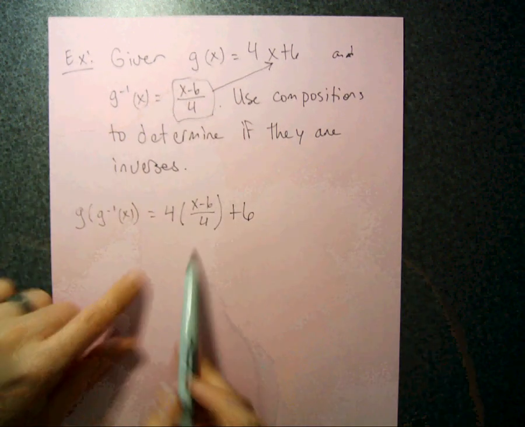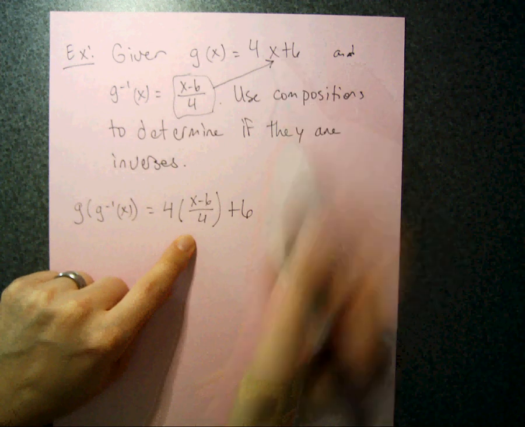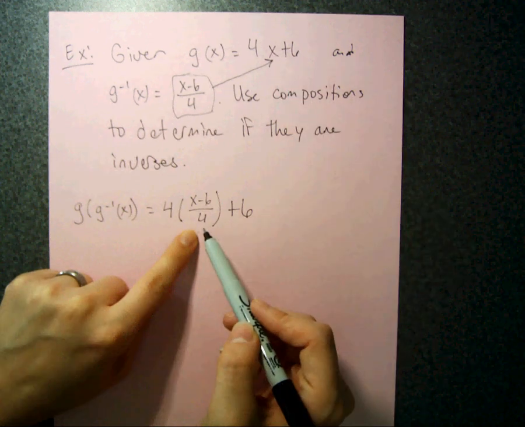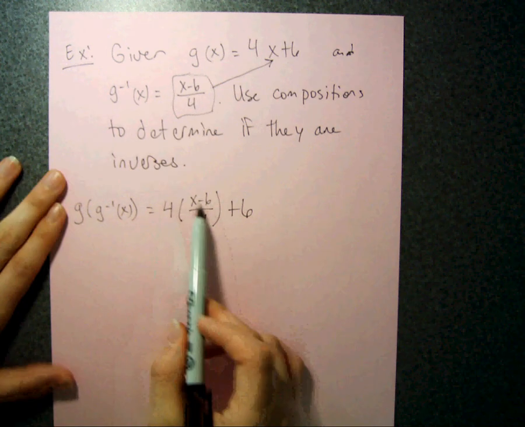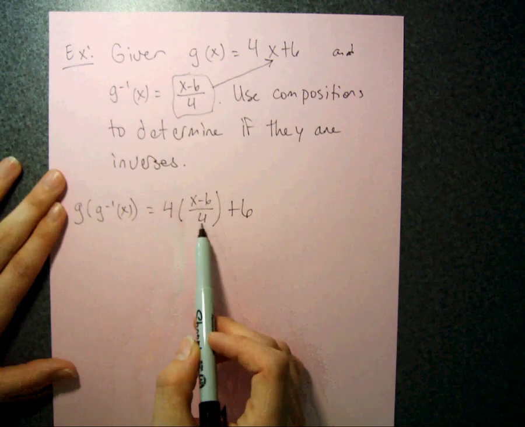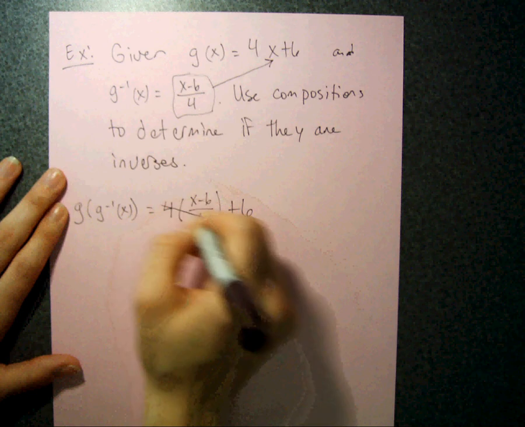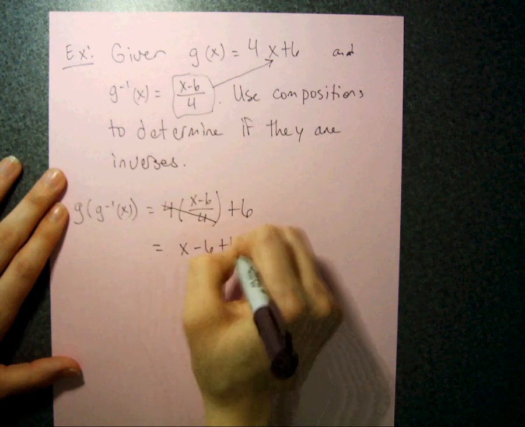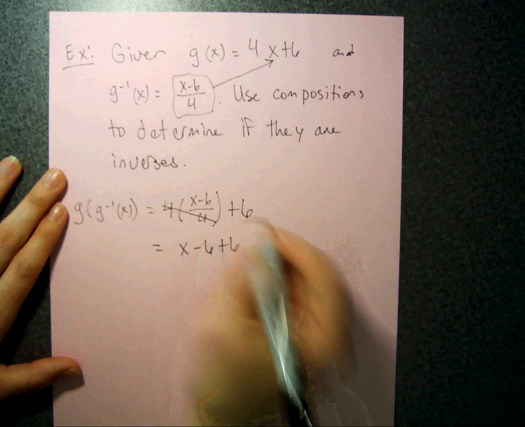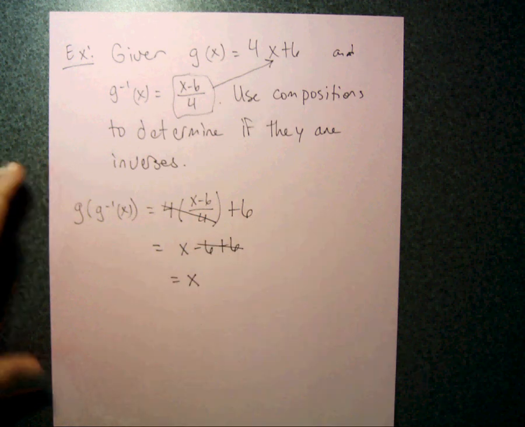The function still looks exactly the same, except instead of having x, I have g inverse. Now I'm just going to break it down and simplify. I have 4 times x minus 6 over 4. A little bit of algebra. My 4's will cancel out. I get x minus 6 plus 6. The negative 6, positive 6 cancel out, and I end up with just x.